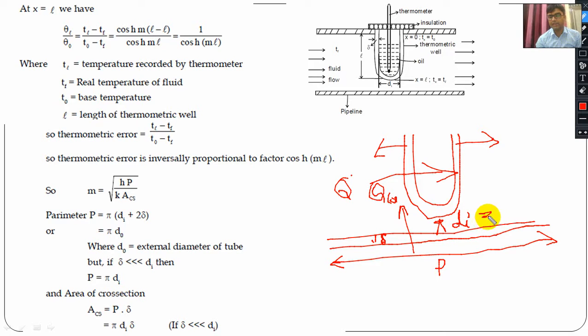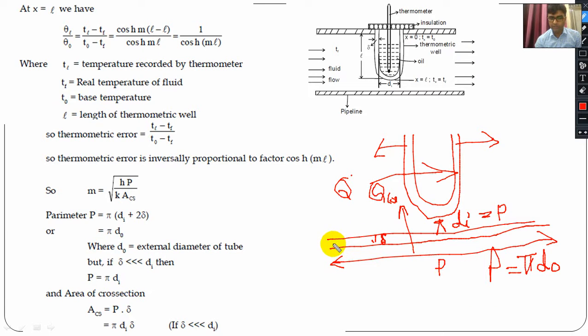This is the perimeter if I am talking about the inside, and if we talk about the outside, this perimeter is equal to pi, sorry, this is pi into d naught. Clear?